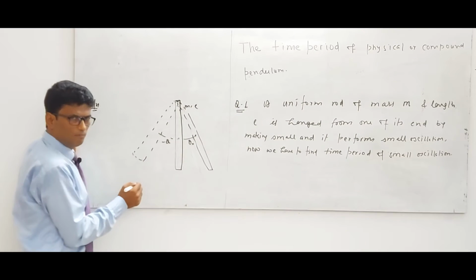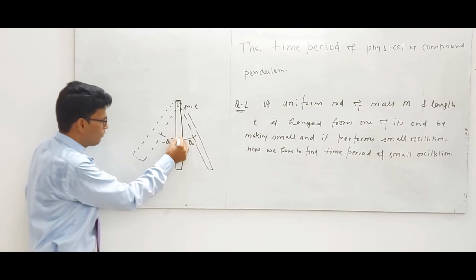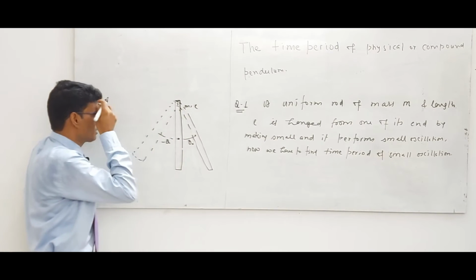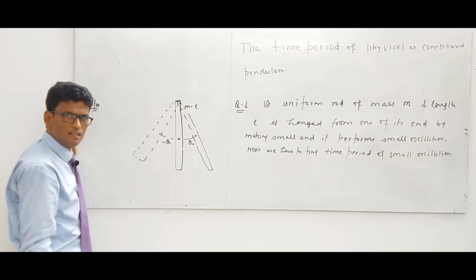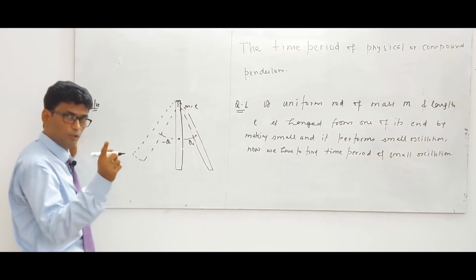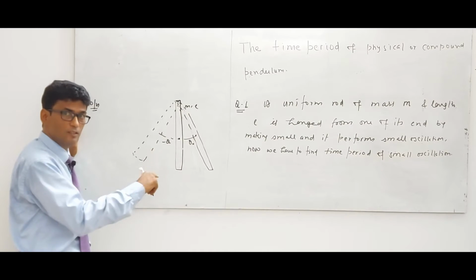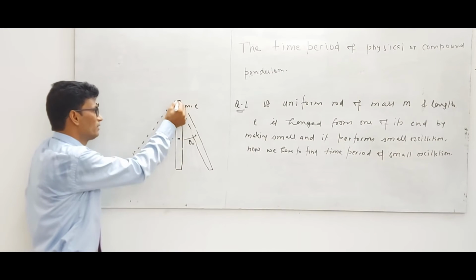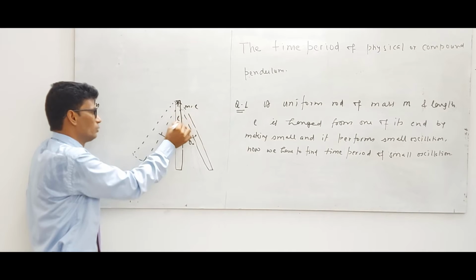So our only duty is that we have to find the distance between the point of suspension and the center of mass or center of gravity of the physical pendulum. Here the physical pendulum is in the form of a uniform rod. So find this length. We all know this length is L by 2.